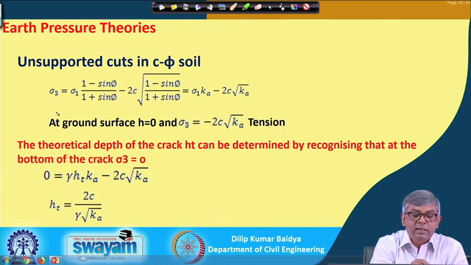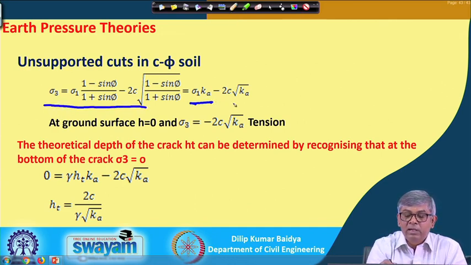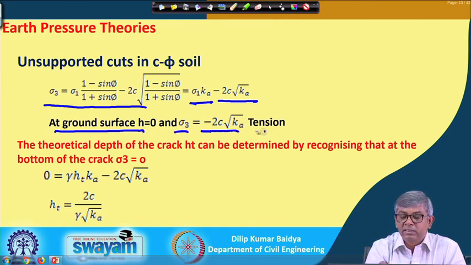You can see that our general expression is sigma 3 equal to sigma 1 gamma Ka minus 2c root Ka. This is the formula. At ground surface, h equal to 0, and sigma 3 becomes minus 2c root Ka, that is tension, which I have already mentioned.